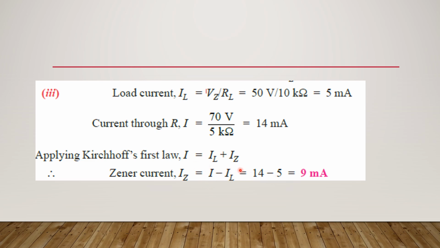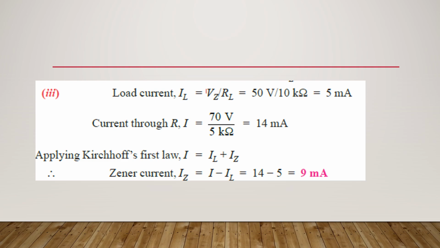When the load current is subtracted from the total current, for total current you have already found it to be 14 milliamps. So 14 milliamps minus this one, which you have found to be 5 milliamps. So 14 minus 5 gives the answer 9 milliamps. So the current through the Zener diode is found to be 9 milliamps.